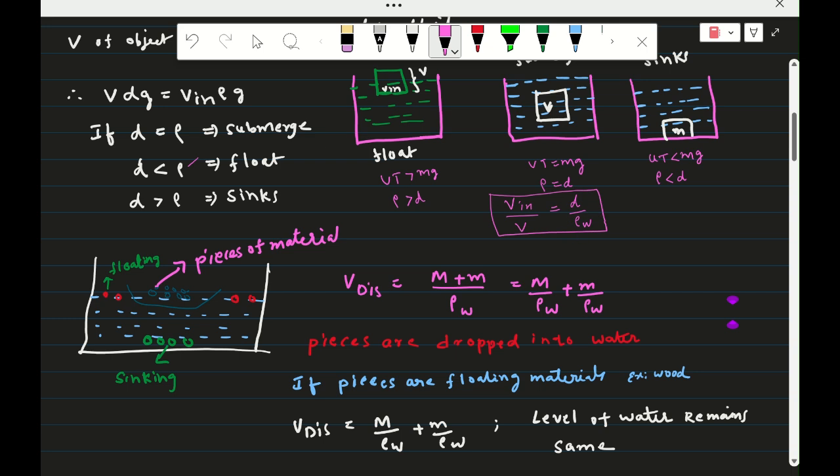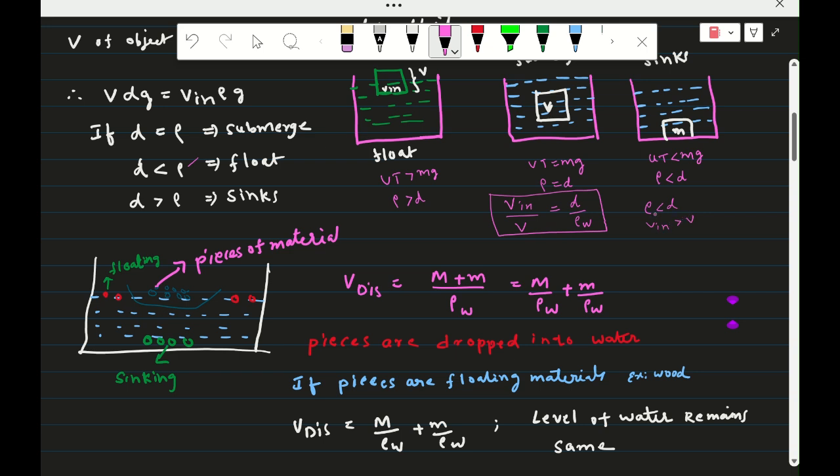float or submerge. For example, if rho is less than D, then V in, the volume immersed, is greater than V, right? That means the volume of the immersed part is greater than V, which means the upthrust is going to be more.